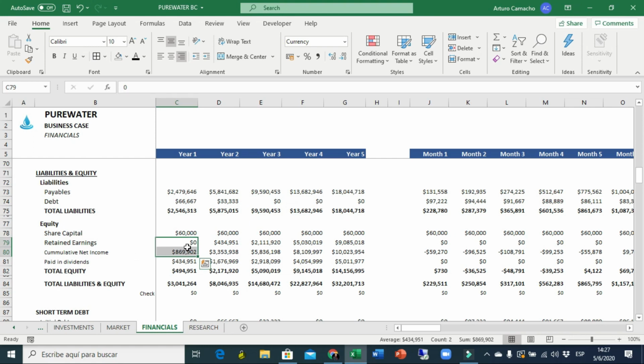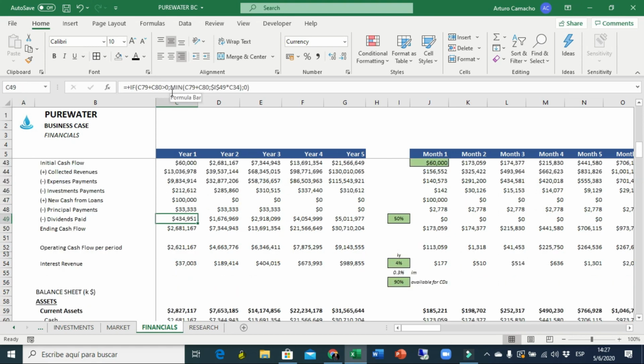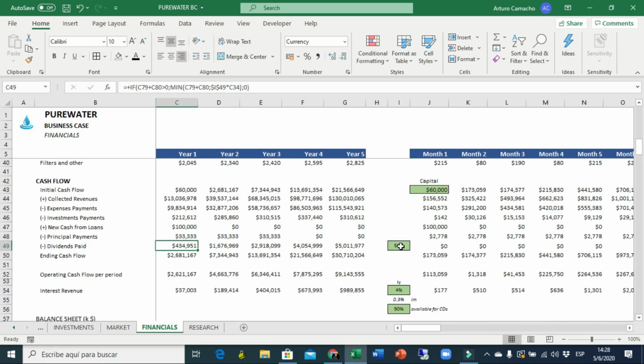So what you do is ask if this sum is positive, then you take whatever the minimum value is between that sum, I mean the retained earnings plus the cumulative net income, or the net income itself times a certain percentage, which has to do with the legislation where the company is, because there are countries where you are not allowed to distribute the whole net income, and then there are countries that allow you to do so.